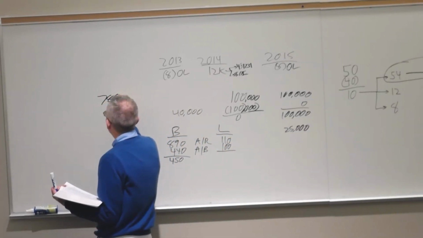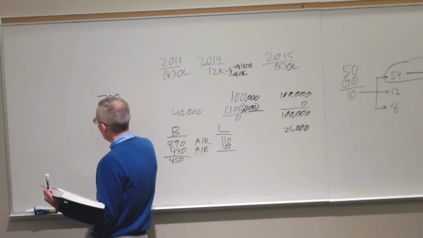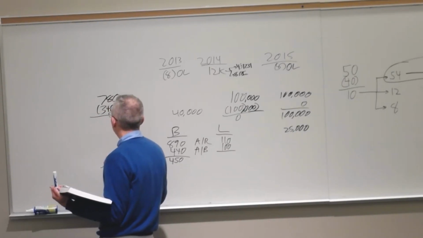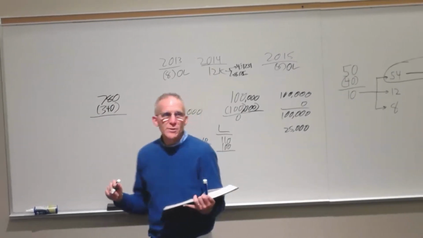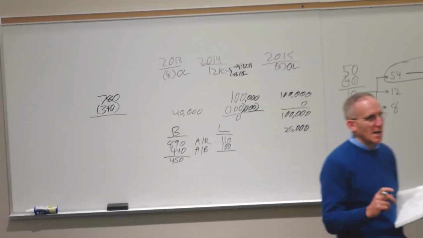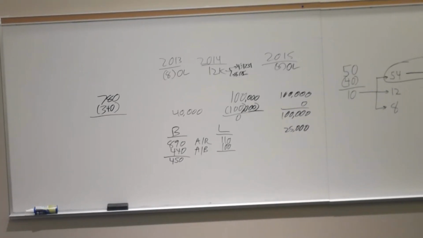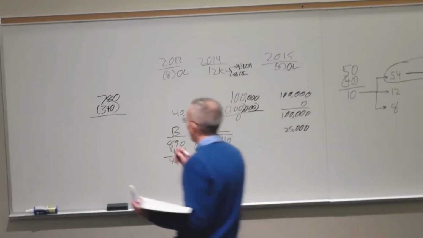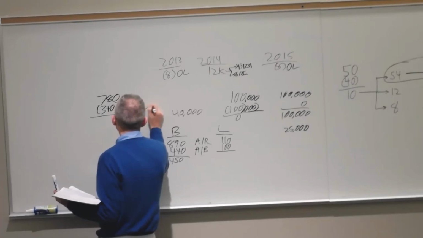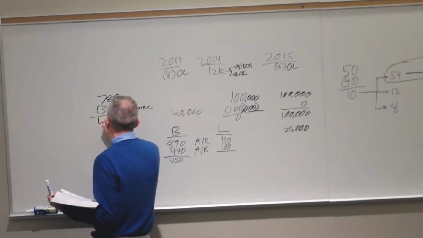The building cost basis was $780,000, and then they took $340,000 of depreciation. Why? Because the depreciation is over 39 years. You'll see under Code Section 168, depreciation for a commercial building is 39 years. Well, what's 39 into 780? $20,000, right? And this is for 17 years. That's why the authors came up with $340,000 of depreciation. So the adjusted basis here is $440,000.